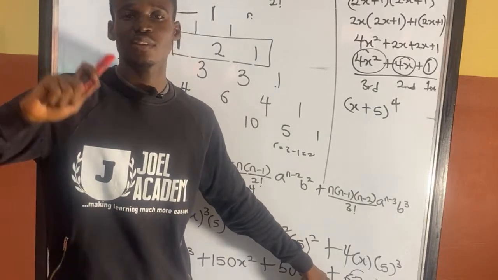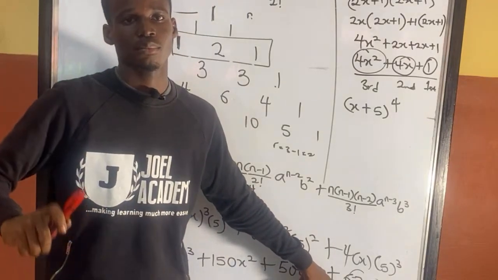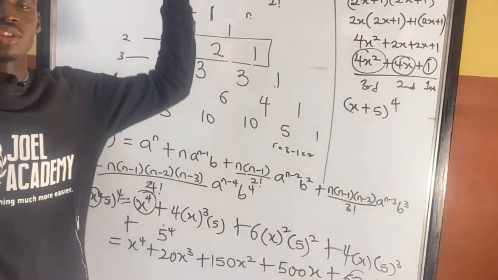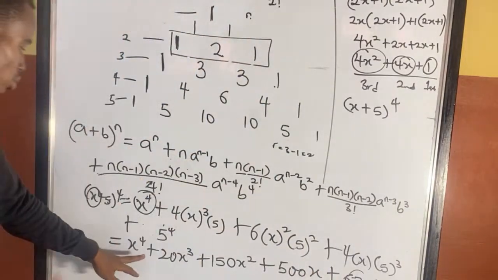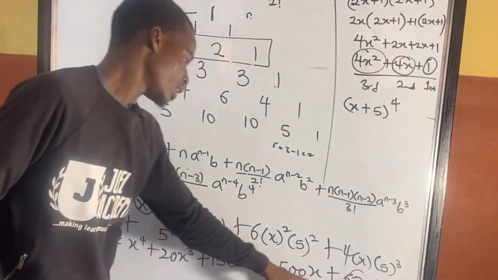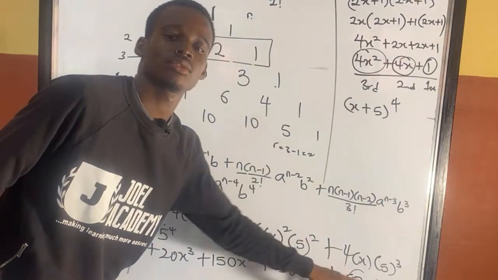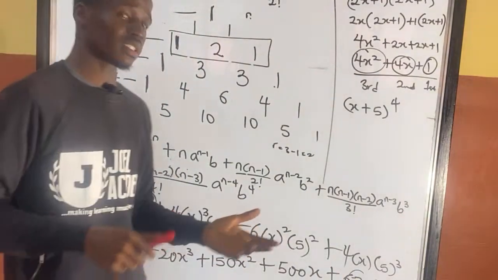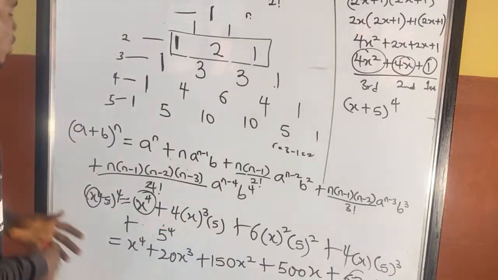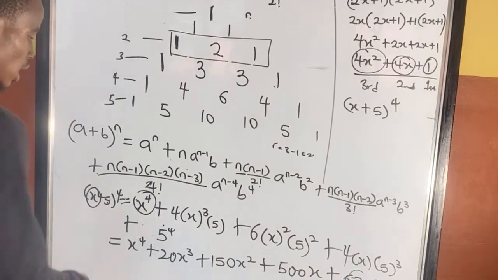They are asking you for the last term. Independent means this: look now, there's x here, there's x here, x and number, x and number, x and number. Is there x here? So that's the independent term. It is the last term. They want you to find the last term. So that's it. This becomes our answer.